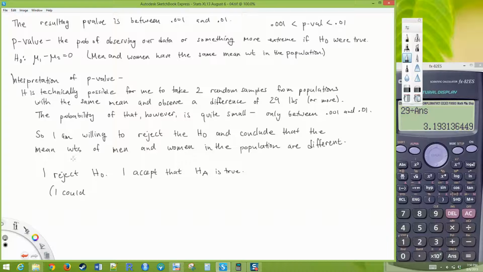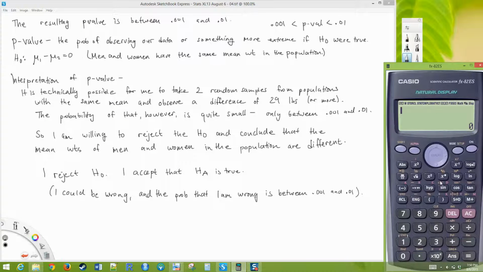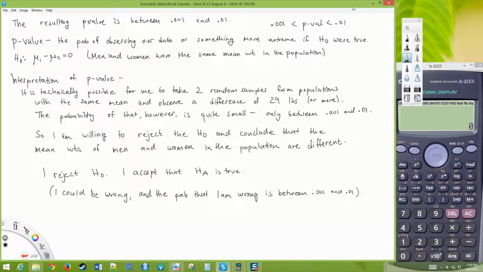Okay, but let me just write this. I could be wrong. And the probability that I'm wrong is like flipping a coin 10 times and having them all come up tails.